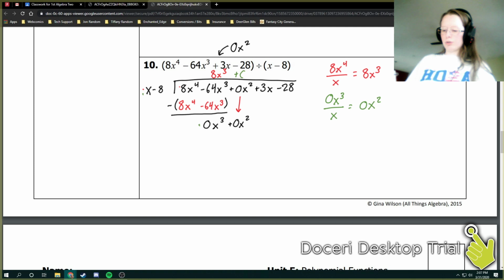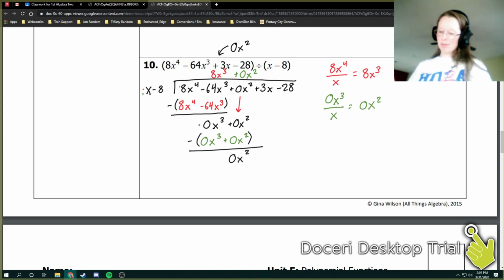But we'll just write this so we can keep all of our variables lined up. Then I'll take that and I'll multiply it through. Well, 0 times anything is still just going to give me back 0. I'm still going to pay attention to my powers of x just to keep everything in order. Sorry, I'm repeating myself on that. 0, 0, 0, 0, 0, 0, 0. And bring down the next one.